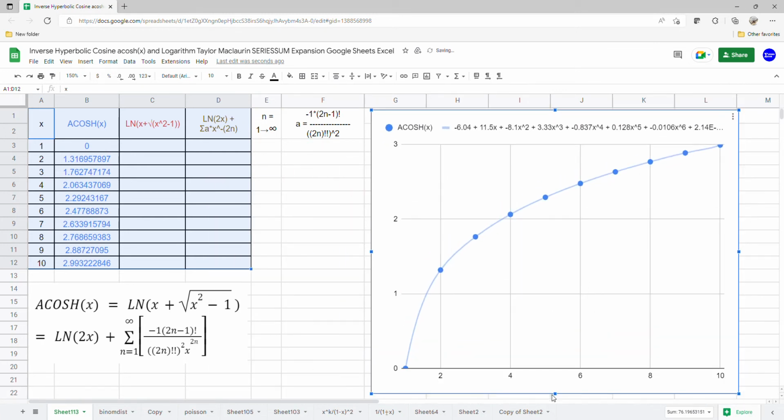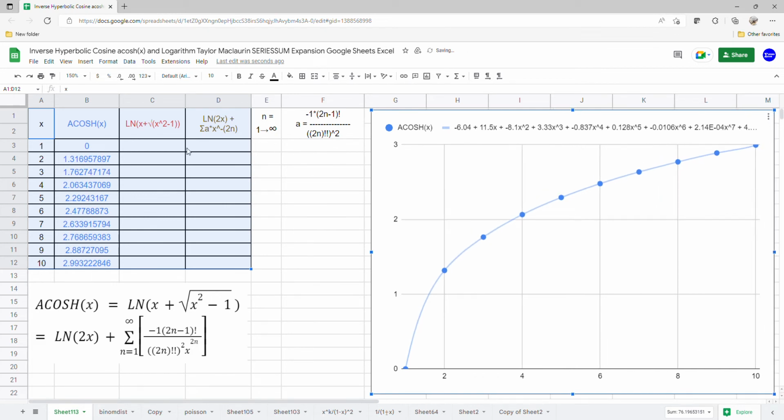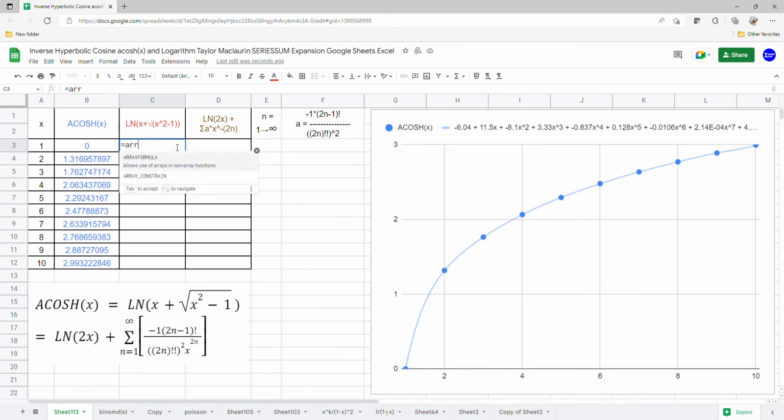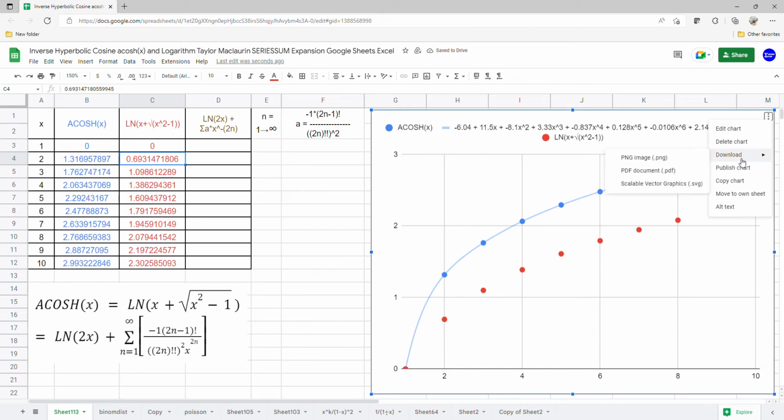Next, we continue with the expansion. So this will be equal to the logarithmic equivalent. So array formula, ln of the x values. And enter. And we show the trend line. Edit chart.